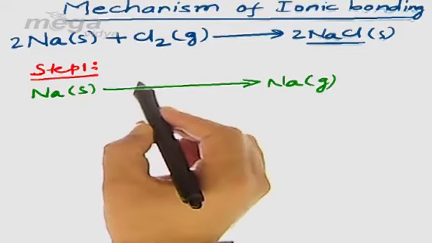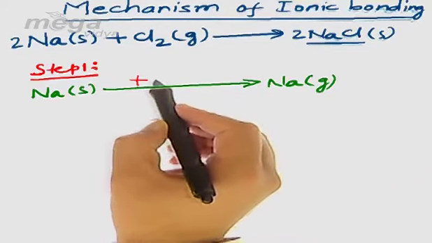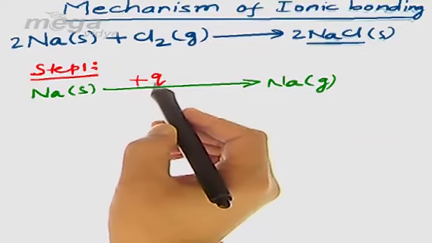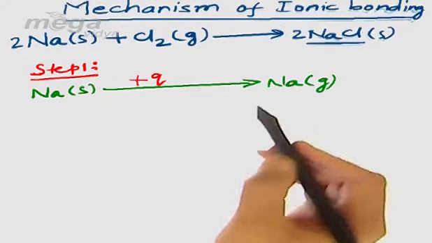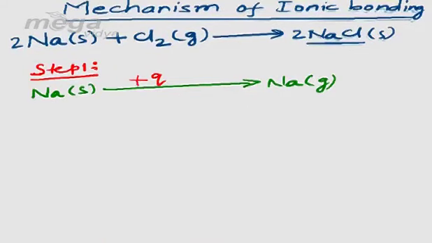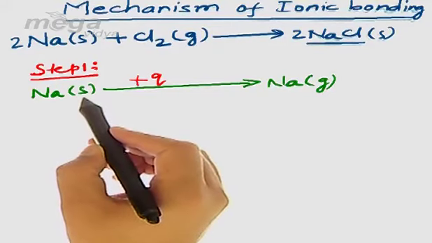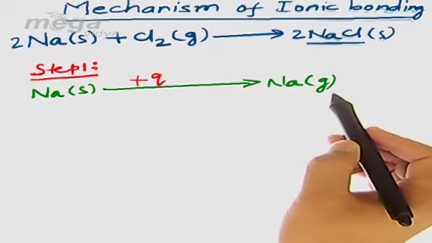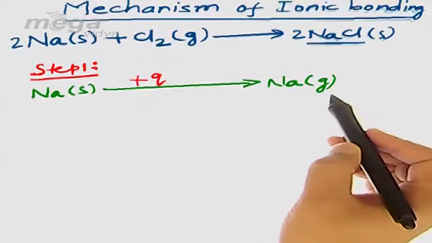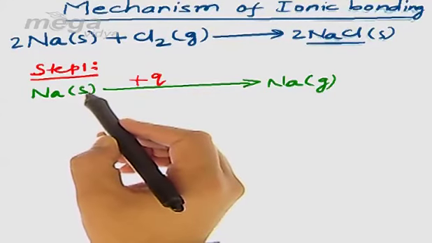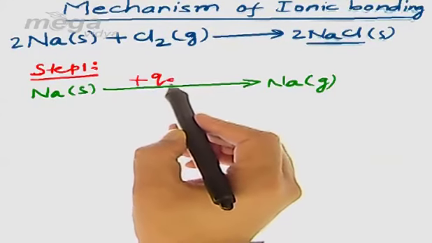So here we shall be writing plus, plus means gain, Q, heat. So it will accept heat energy and will convert into gaseous sodium. Now as we are observing that the state solid is being converted into gaseous, meaning a phase transition is taking place, we can call this process sublimation also.